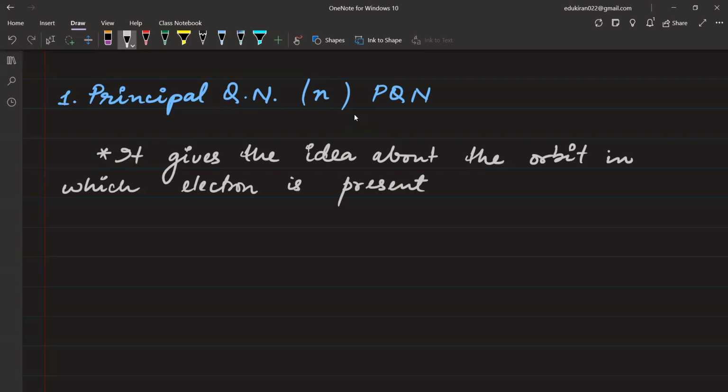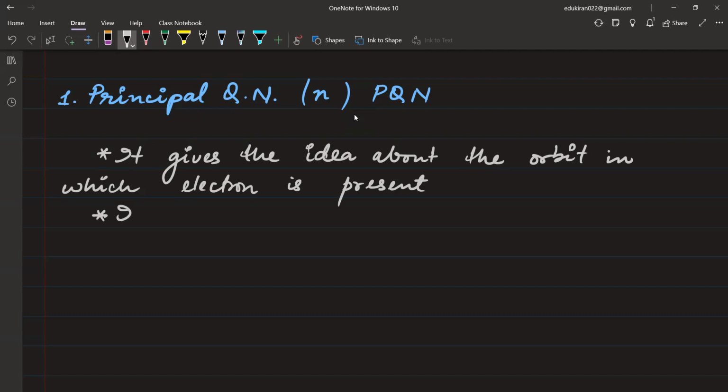Okay. Now, once you know about the orbit or the shell number, that means you also know the distance between the nucleus and the electron. Because if the electron is in the third shell, that means it has some distance. In the second shell, it will have another distance, right?